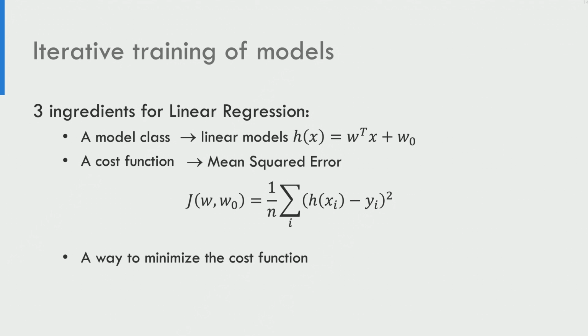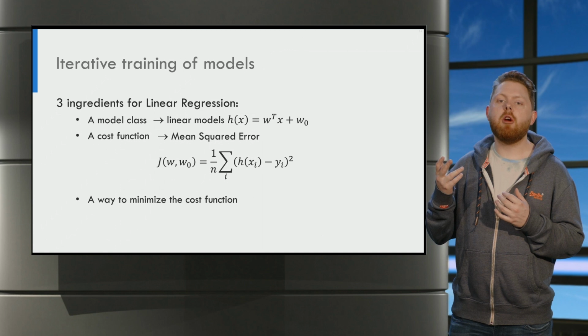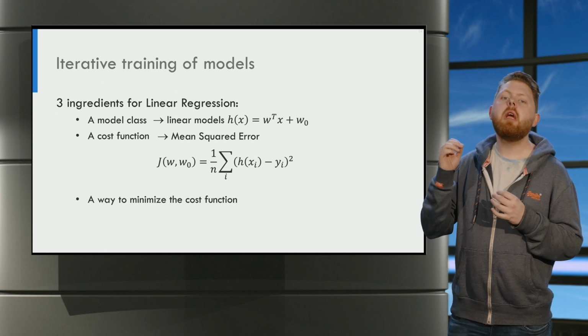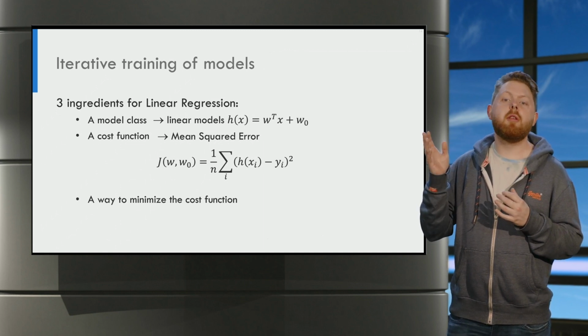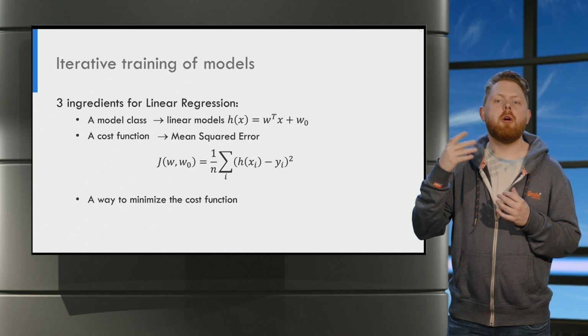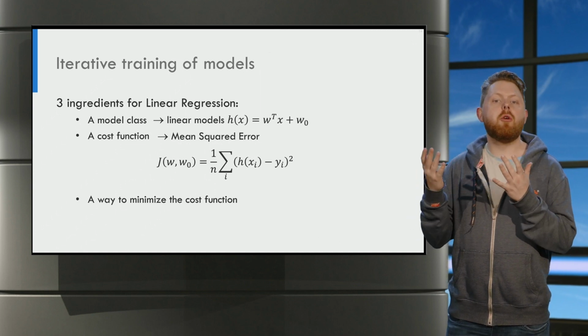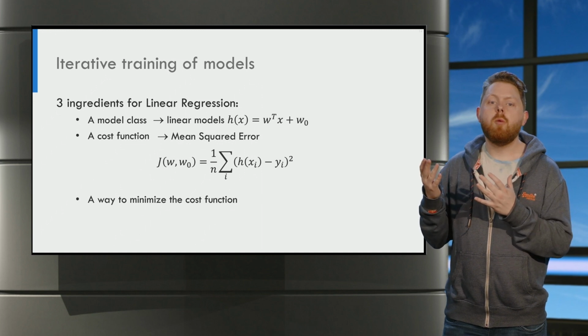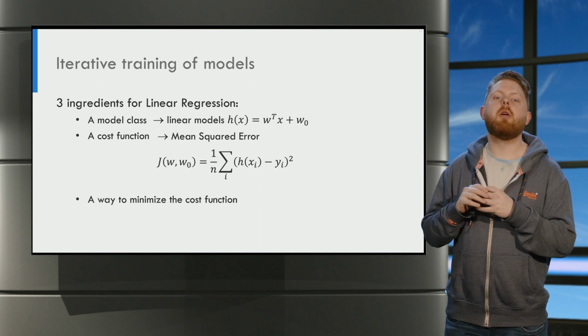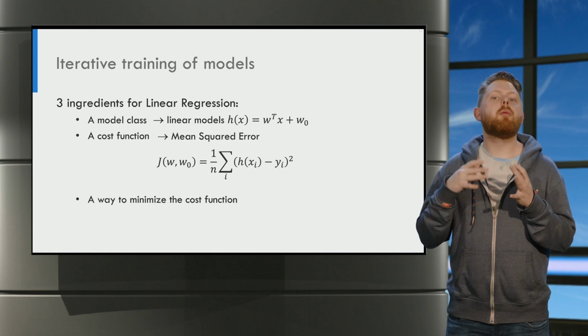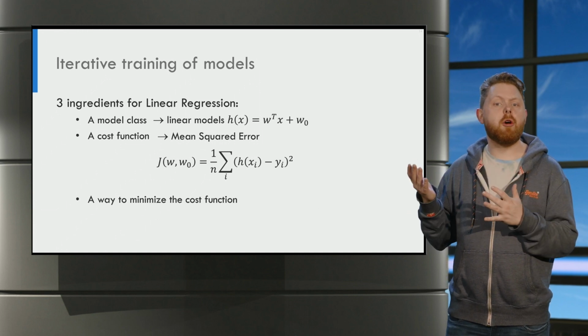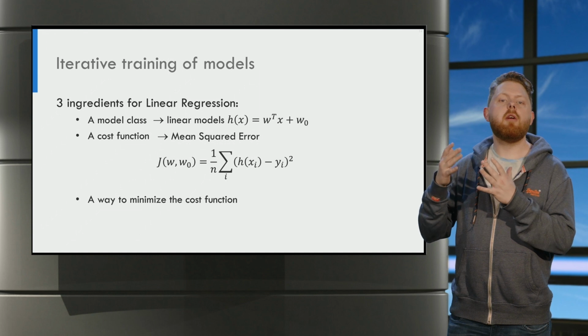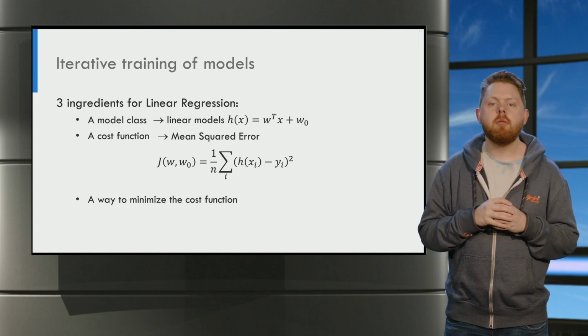This was the equation for the mean squared error. We indicate the objective function by the letter J, which is a function of W and W0. So each linear model is determined by some W and W0, and therefore each linear model has an associated cost, which is given by the mean squared error. Note that from now on I will drop W0. Please assume it is included in the vector W.